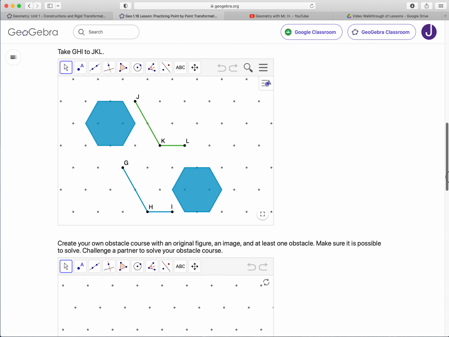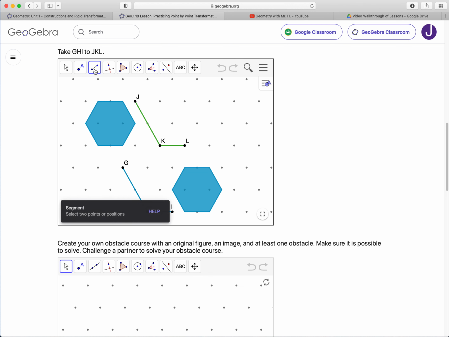Now we got to do the same thing over here. Take GHI to JKL. Well, if I try to do that, look at what happens, right? I can't just slide it directly over because these are going to smash into the edges here, right? They're going to smash into those. So I don't want to do that.